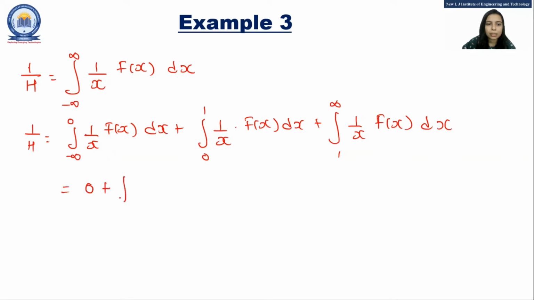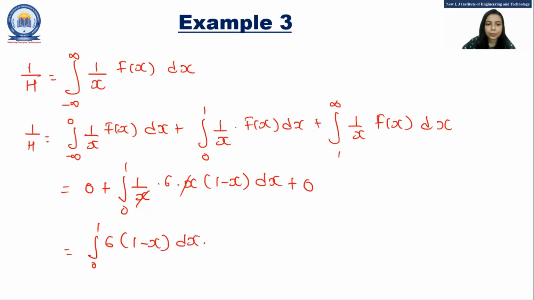So 0 plus integration from 0 to 1, 1 by x. The value of f of x is 6 into x into 1 minus x dx plus 0. X cancel. Integration from 0 to 1, 6 into 1 minus x dx. So that is 6 integration from 0 to 1, 1 minus x dx.